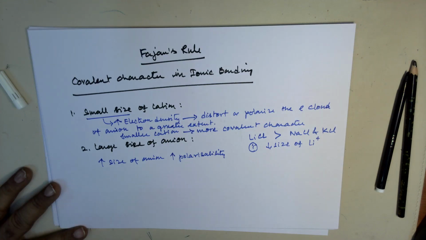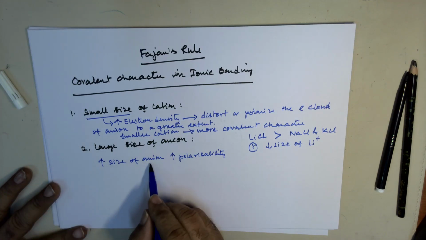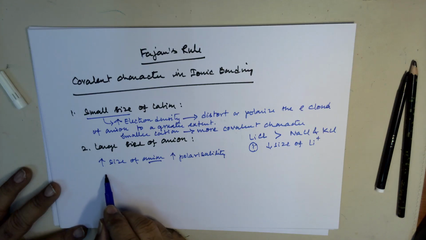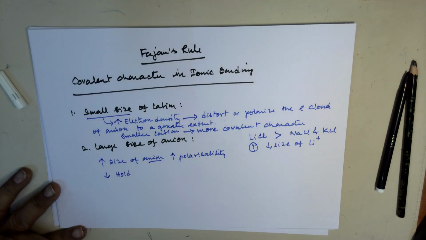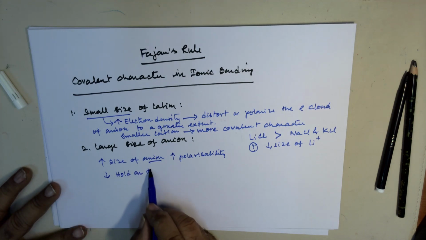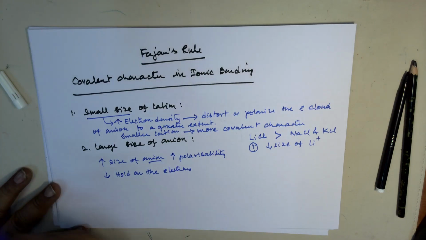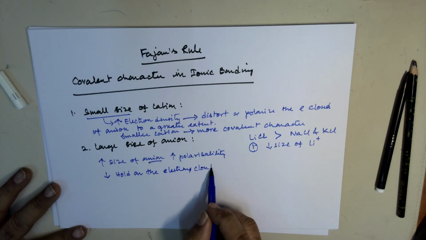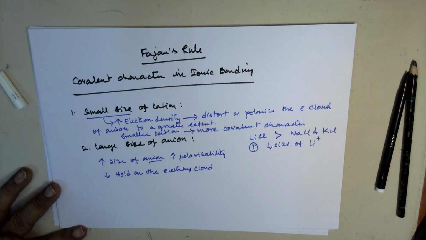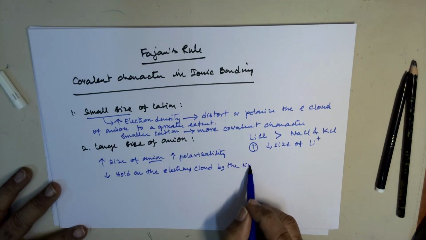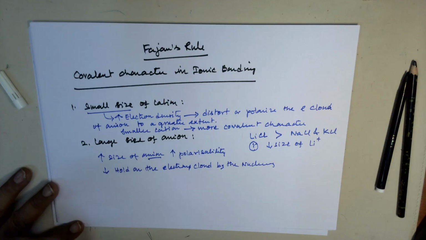Because in case of larger anion, the hold on the electron cloud by the nucleus decreases.